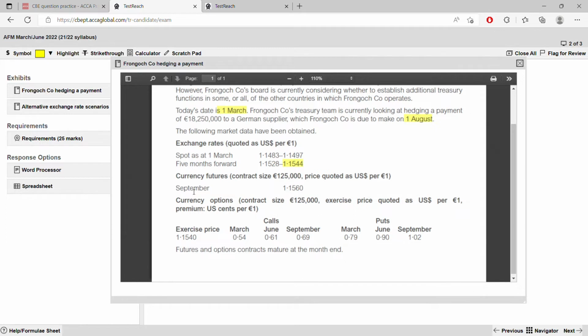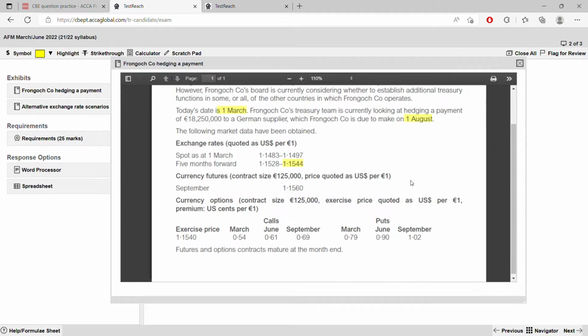Looking at the future, automatically you can say it is September because this is the next one after 1st of August; March and June are already expired. So they have to go for the September option, whether call or put.